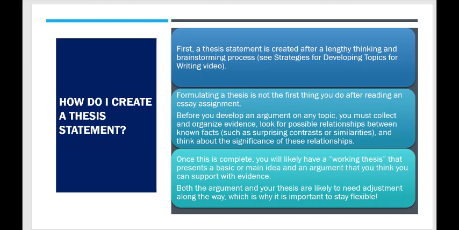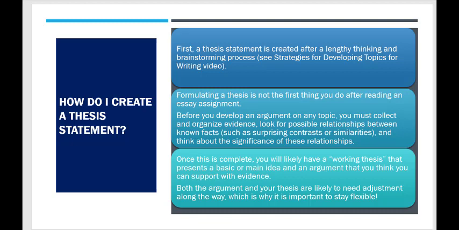And as I indicate in the strategies for developing topics for writing video, it requires us to understand what's being talked about, what's being said, what do people understand, what are the people's attitudes and beliefs about it. So there's a lot more work that comes before you're actually developing the thesis, because once you do, that's really going to give us that knowledge nugget that I talk about as here's how I'm contributing to this conversation, and that's what's going to be indicated in the thesis statement.